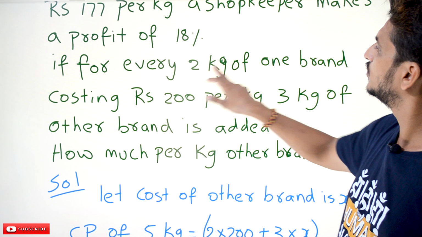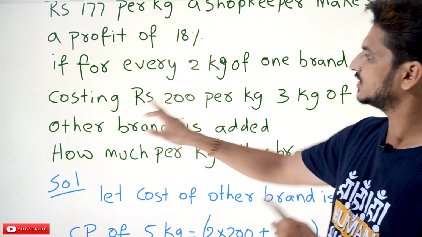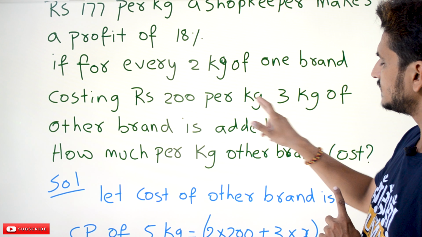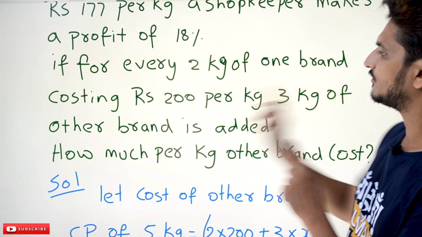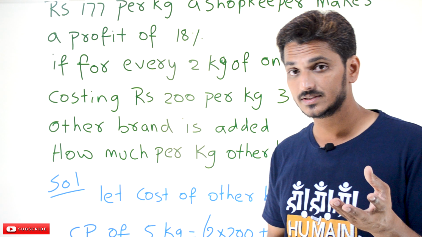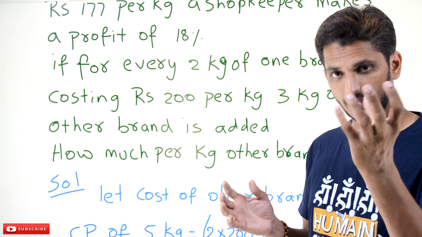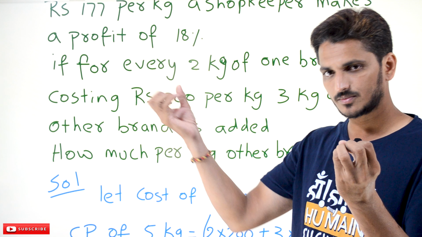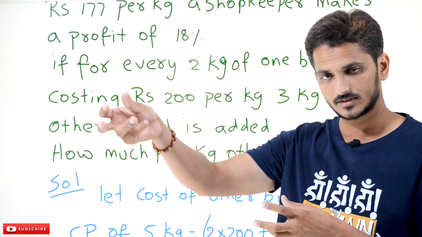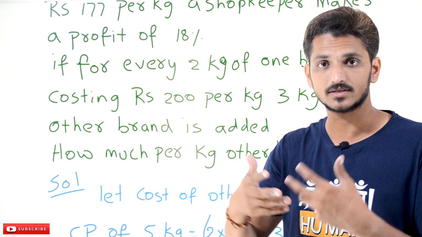If every 2 kg of one brand costing rupees 200 per kg, 3 kg of other brand is added. In our previous classes we have done similar examples. One brand is costing so much, other brand is costing so much. If you mix these two and sell it for so and so price, what is the gain percentage?